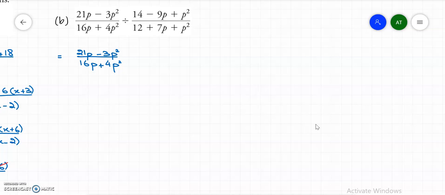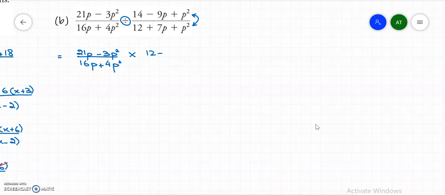Okay, and in the next step, we need to switch the division sign to multiplication, and we have to switch the second fraction, right? So the first rational expression stays the same, division turns to multiplication, and we take the reciprocal of the second rational expression.